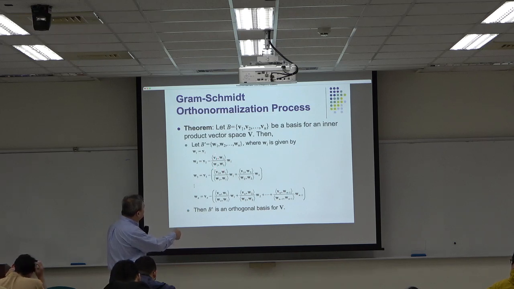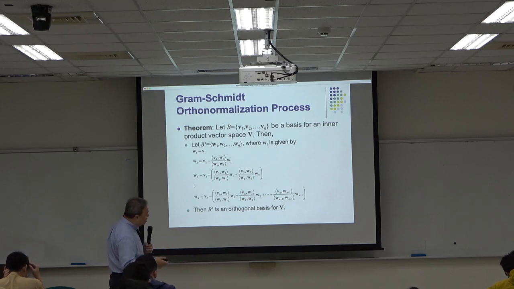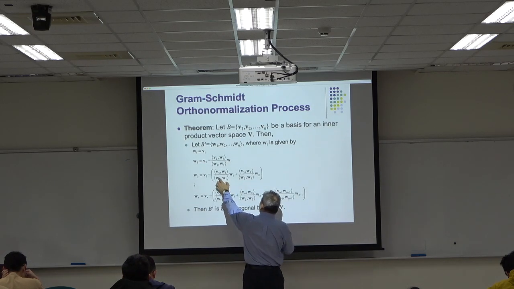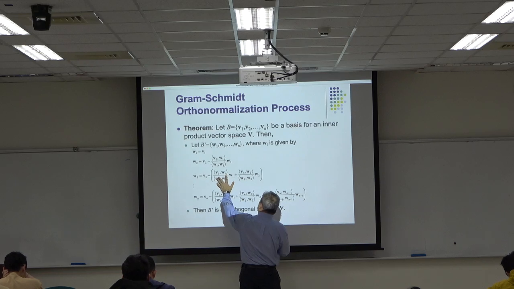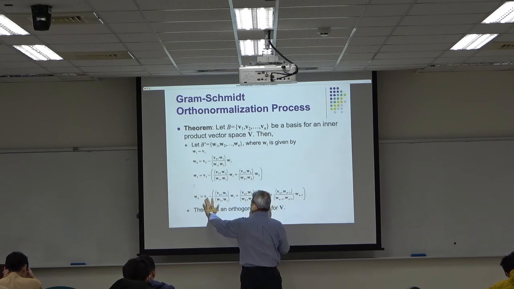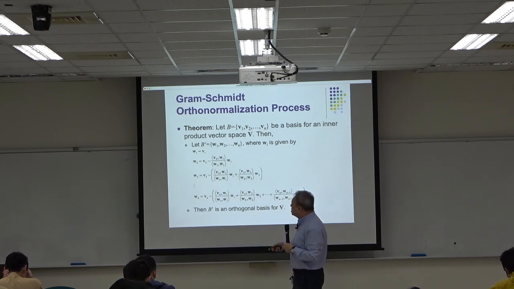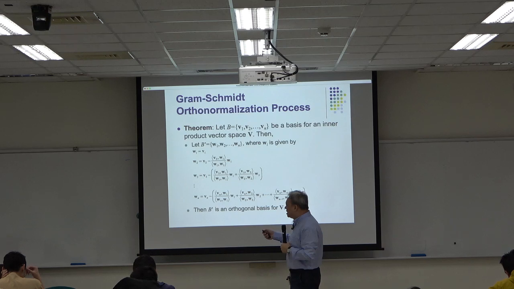For V2, we are getting rid of the projection of V2 on the direction of V1, right? W1 is pretty much V1. And for V3, we are getting rid of the projection of V3 on W1 and W2, and so on. So for Vi, to create Wi, we need to get rid of the projection of Vi on the space spanned by the previous vectors.